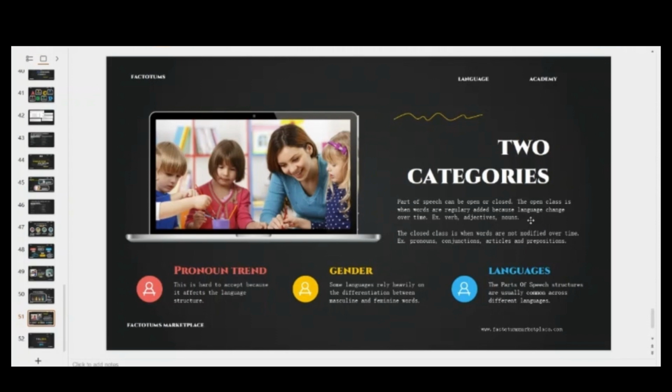Every generation uses different vocabulary or creates different words to express certain things. So the academy, in general for the English language, adds new words to the dictionary or to the vocabulary list. Those are considered open, and they're normally verbs, adjectives, and nouns.